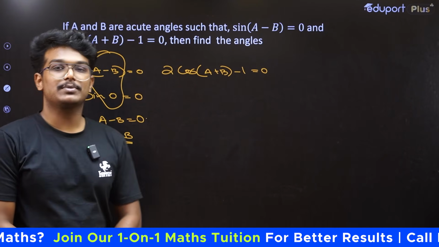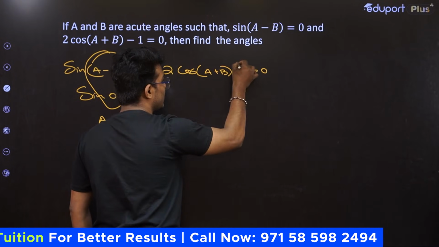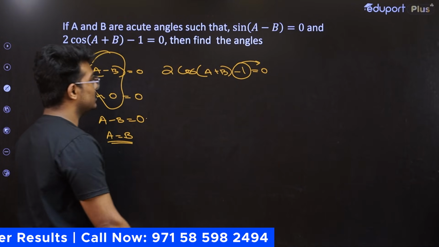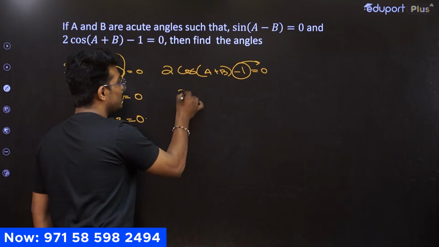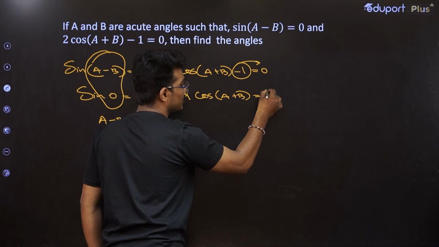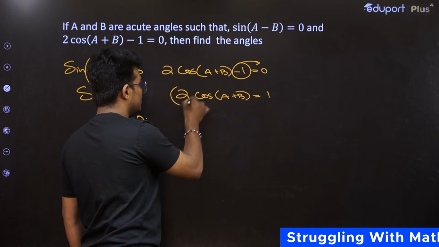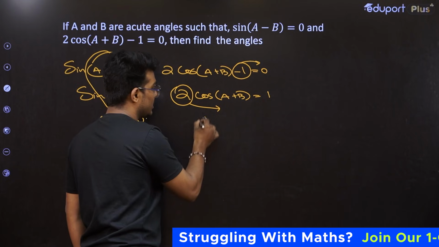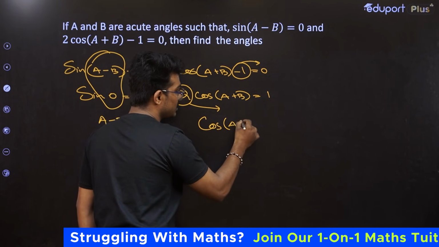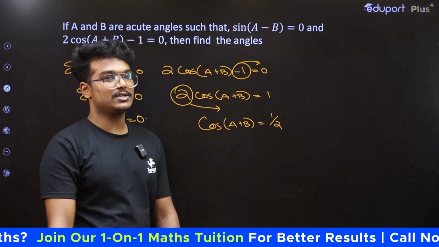I am taking this minus 1 to the right side. Then 2 cos (A plus B) is equal to 1. Then I am taking this 2 to that side also. Then cos (A plus B) is equal to 1 by 2.